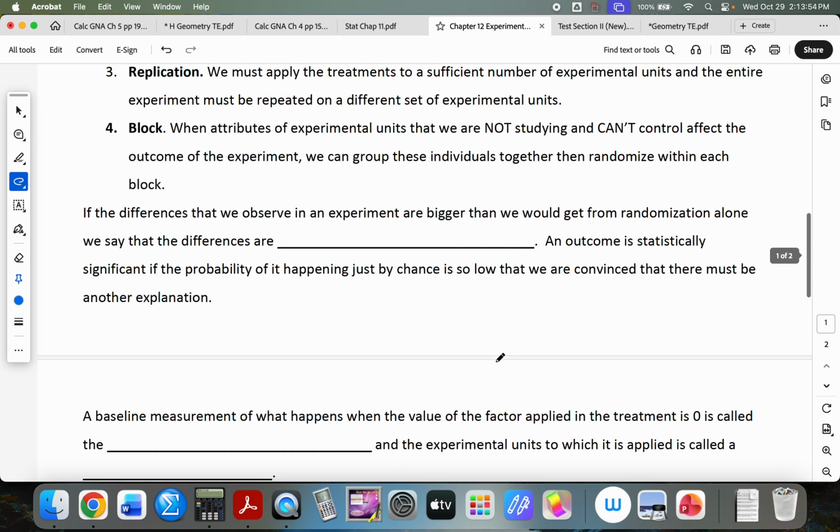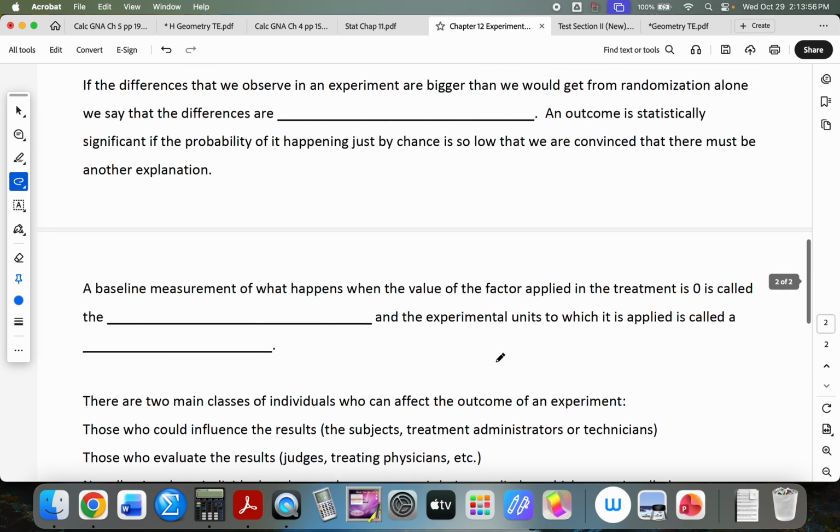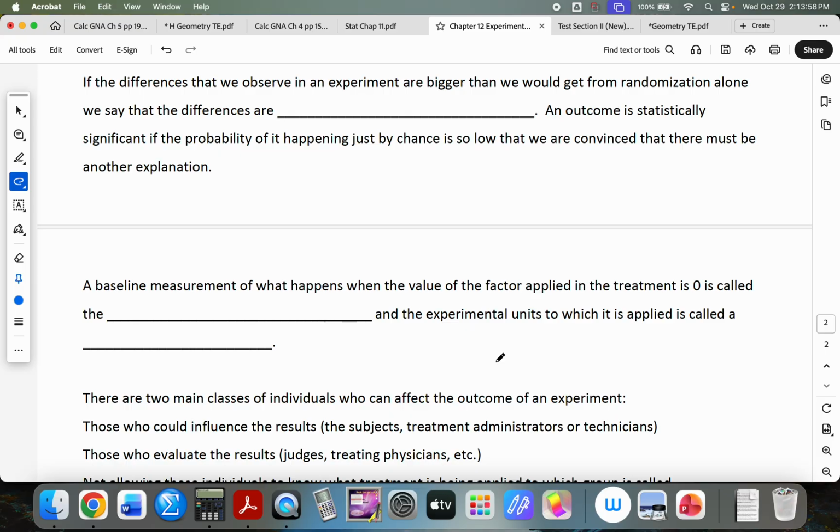So if the differences that we observe in an experiment are bigger than what we could get from randomization alone, we say that the differences are statistically significant.